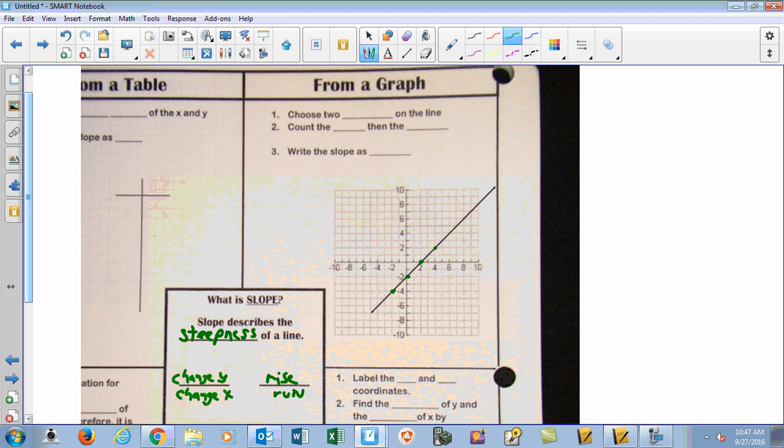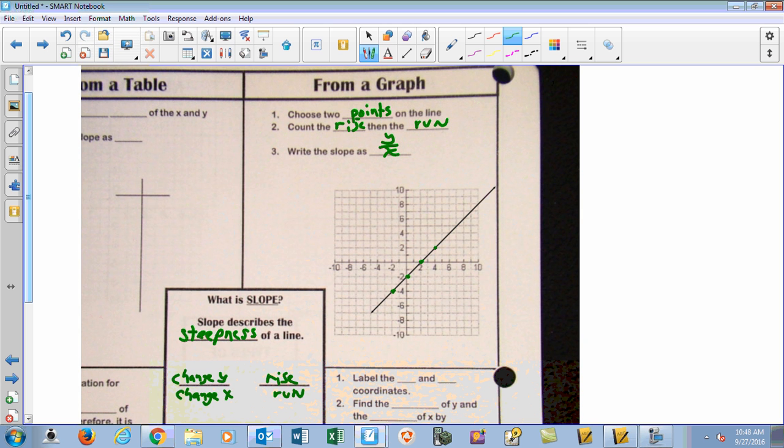All right, so here are the steps. Choose 2 points on the line. Now again, a line has lots of points, right? All you need to do is pick 2 of them. All right? Count the rise, then the run. And then you want to write the slope as y over x.